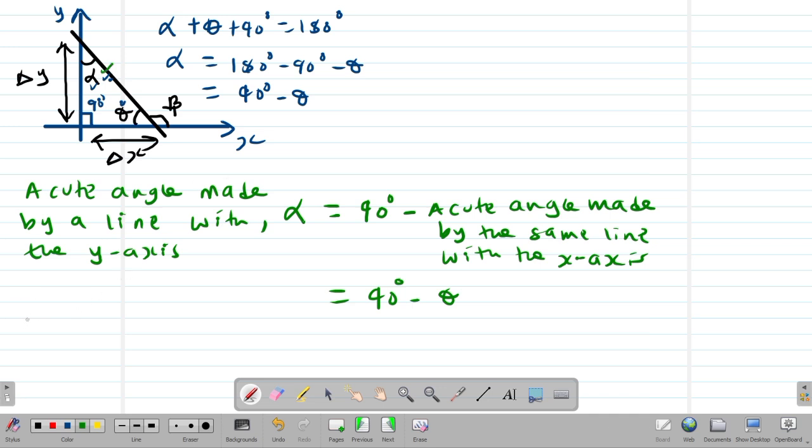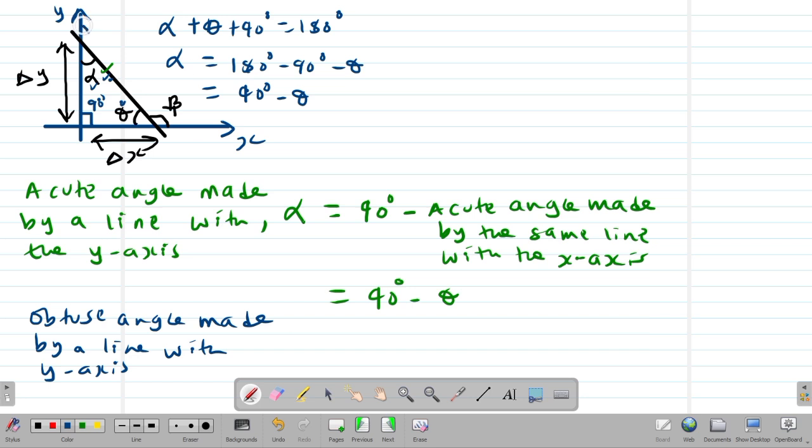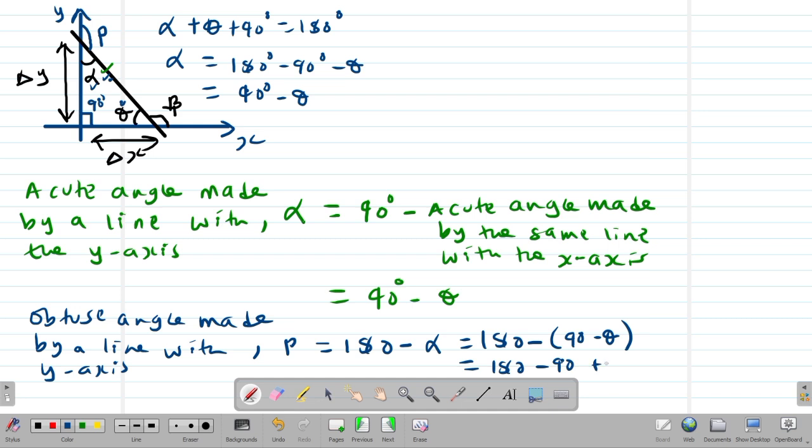Then if you want to get the obtuse angle made by a line with the y-axis, we are talking of this angle here, I can call it angle P. So the angle P will be given by 180 minus alpha, which is equal to 180 minus, remember the alpha is 90 minus theta, which is going to give us 180, then of course minus 90, then plus theta.